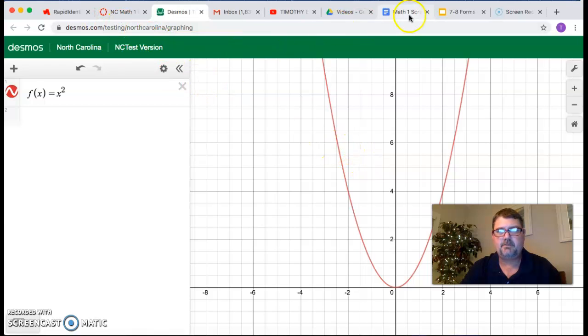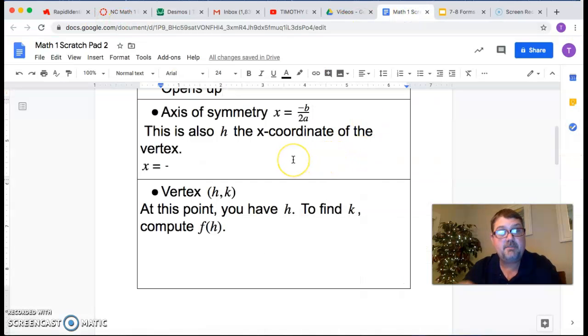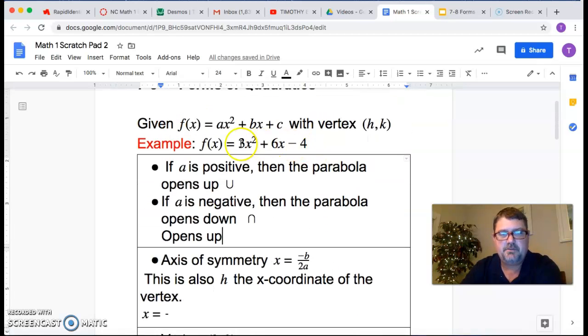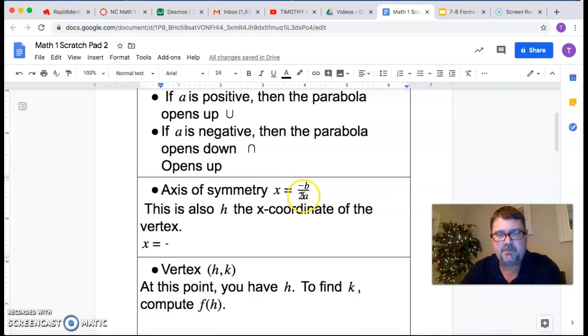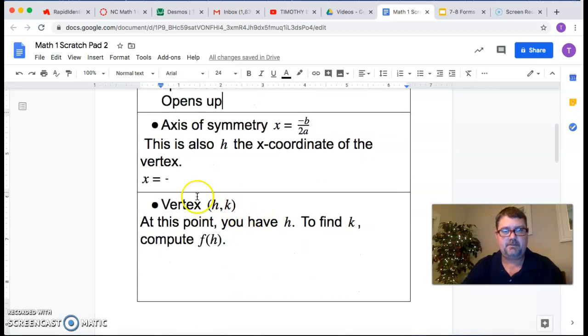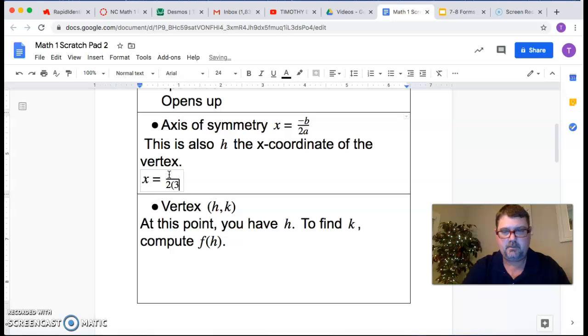I'm going to go back to our notes here, and our job is to compute this. That line changes as your values of a and b change. When we compute negative b over 2a, that's moving us around, so let's plug in the values.